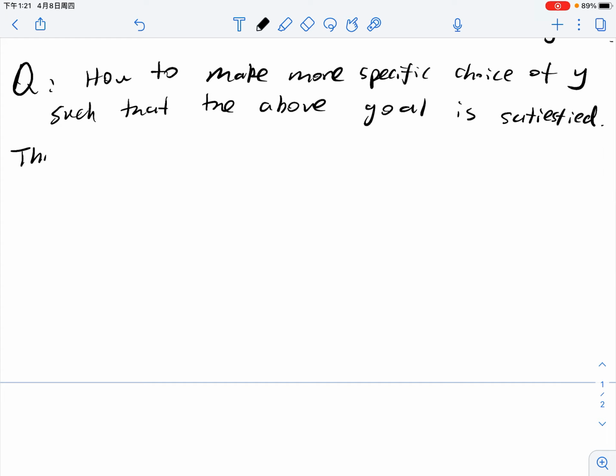And the following theorem says the above goal is always satisfied according to this algorithm.